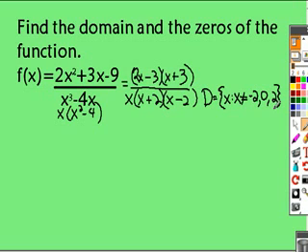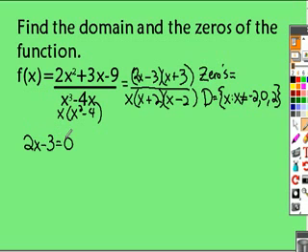Your zeros come from the numerator. There are two zeros. What are the two zeros? Okay, don't forget, if 2x minus 3 equals 0, it's going to be a fraction now.